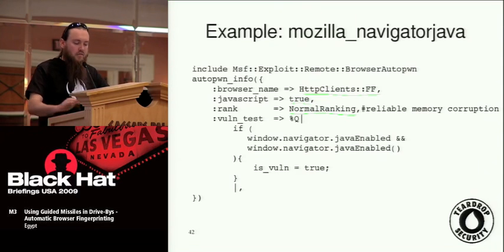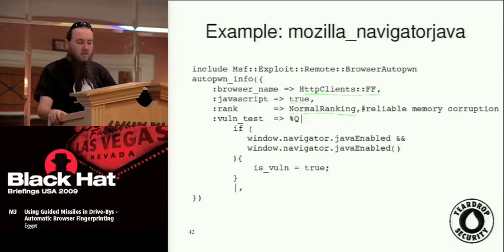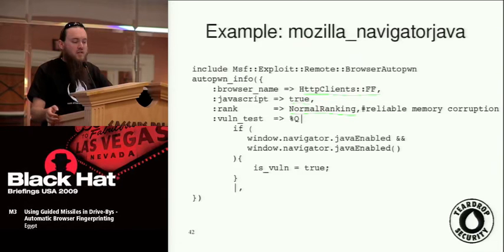For normal, I've sort of arbitrarily decided that reliable memory corruption bugs ought to be normal ranking, because they almost always crash the browser. So you want to try them last, if you can run something else first that won't crash the browser. But interesting here, I think, is the vuln test.